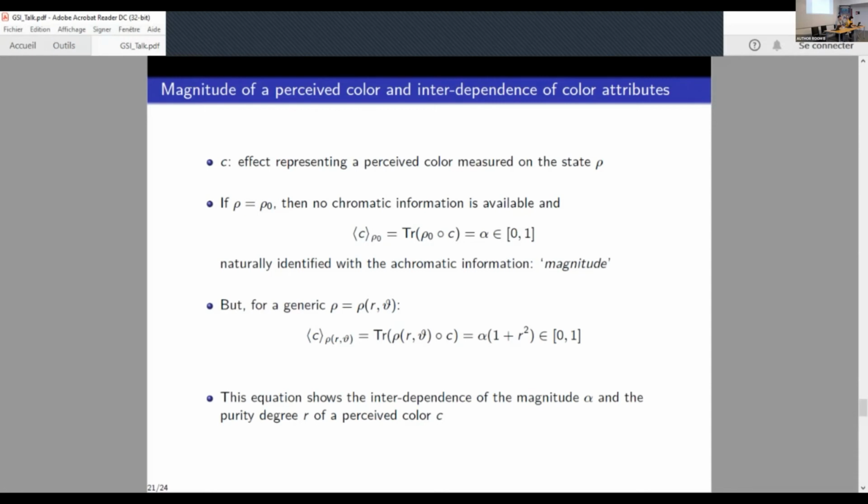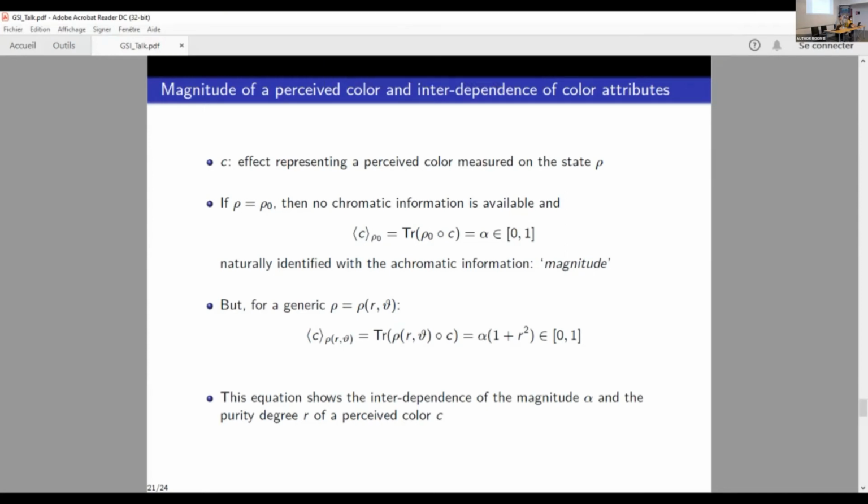So alpha, since we don't have any chromatic information in the achromatic state, we associate alpha with what we call magnitude. That is a neutral name to avoid using lightness or luminance, sorry, many other names that can be a little bit misleading. There are many possible names to call this quantity here.